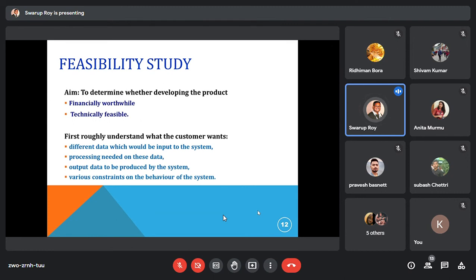That means the financial worthiness: if the company takes up that particular project from a client, whether it is financially profitable or not.